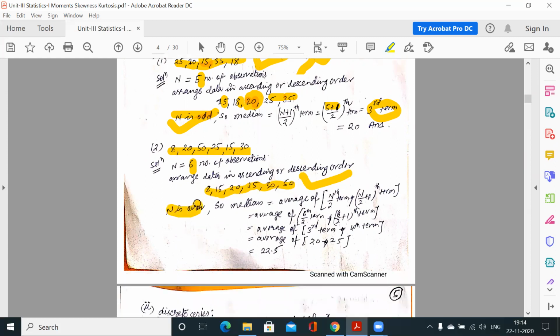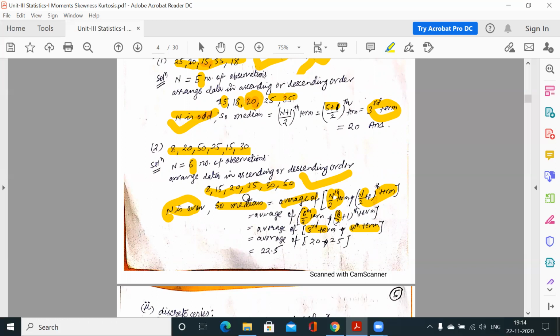Now, since n is even, because we have 6 points, the median is the average of the n by 2 term and the next term. So 6 by 2 term, that means the third term, and 6 by 2 plus 1, that means the fourth term. The third term is 20, the fourth term is 25.